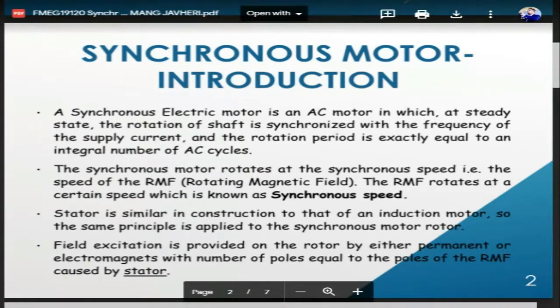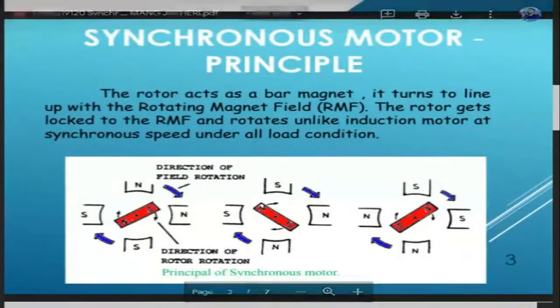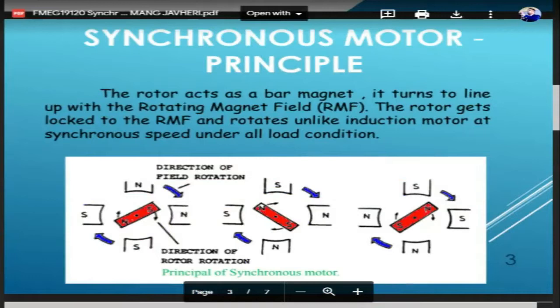And if we reduce the magnetic field strength of our rotor circuit, then we will get a different power factor. So we will get either a lagging power factor or a leading power factor.